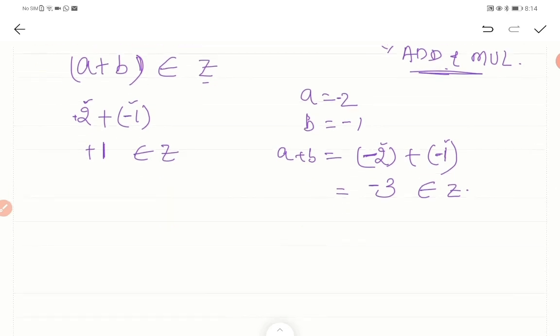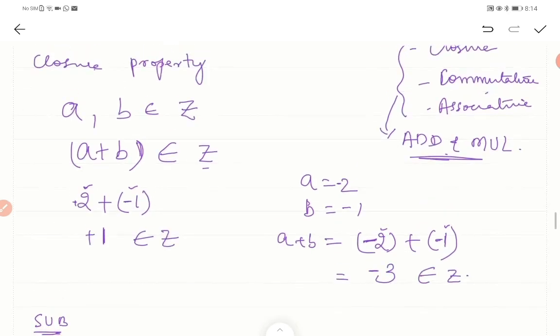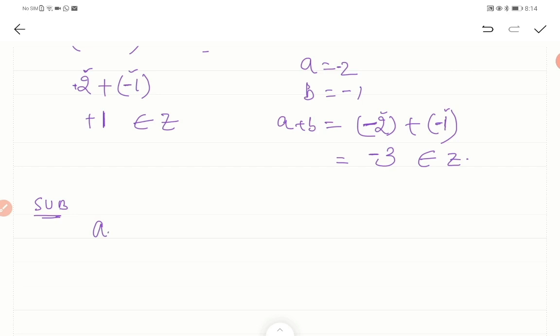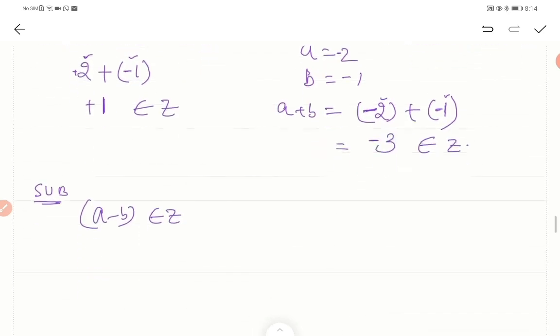What about subtraction? Can you check for subtraction? For subtraction, a minus b should belong to Z, then we will say it is true. Let's take the same example, a equal to minus 2 and b equal to minus 1. Will it be true? Yes, because if you add or subtract, you will get the output as an integer only.